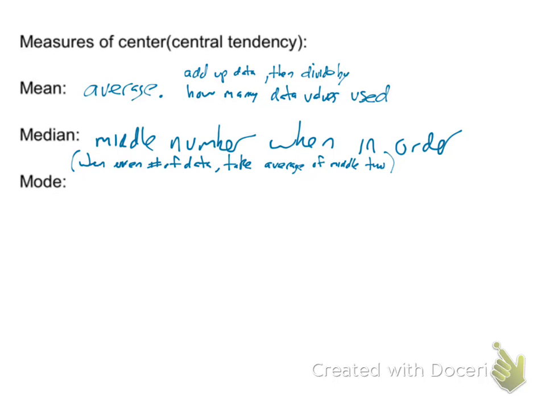Mode. Yeah, the number that occurs the most. Now, could a group of data have more than one mode? Yes.